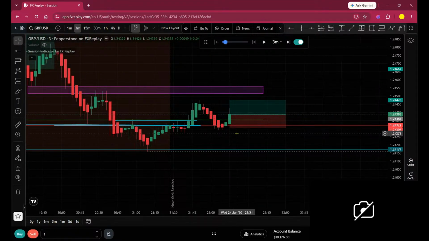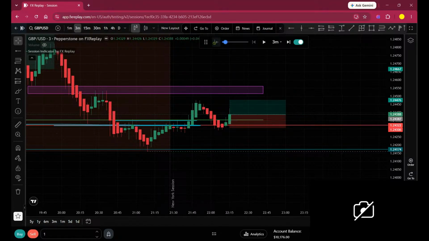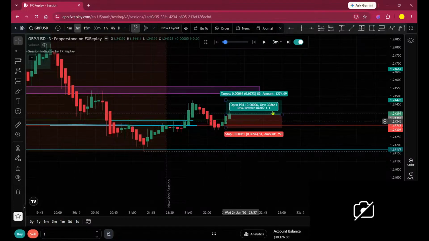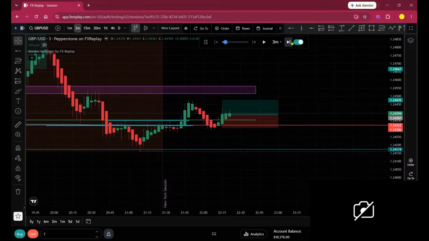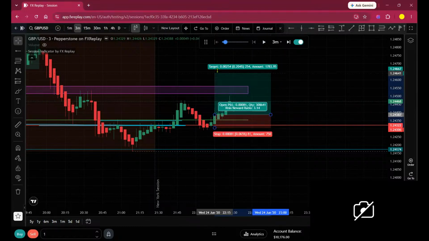What I am thinking, you can take a 100 risk, you can go for it. See, the market is trying and it gives you a target easily, but see here you can hold this trade.